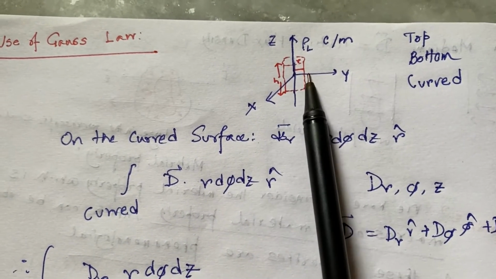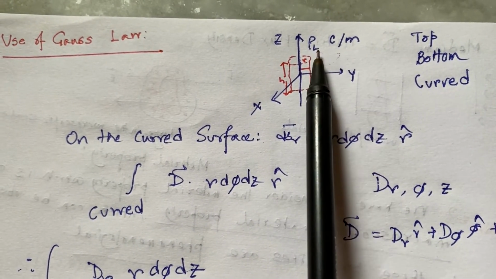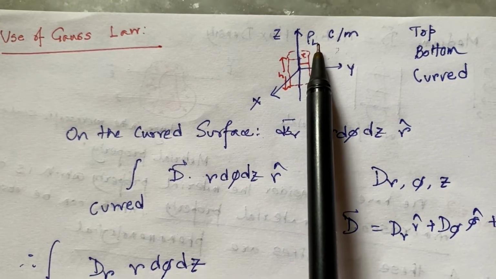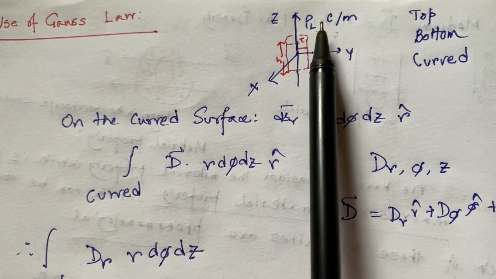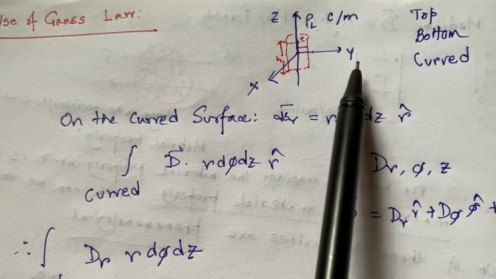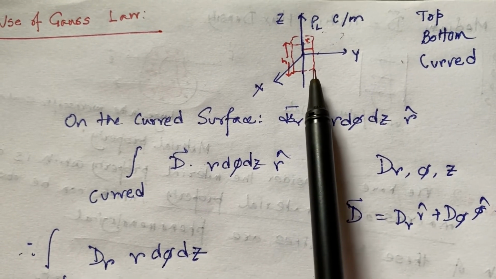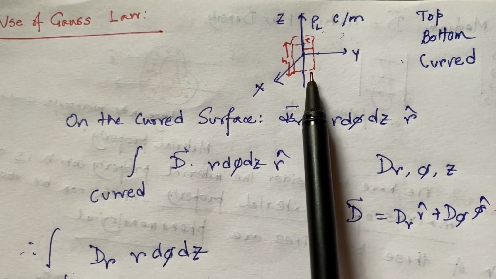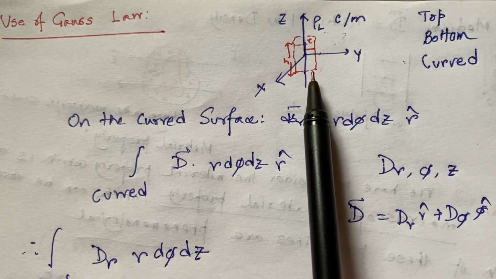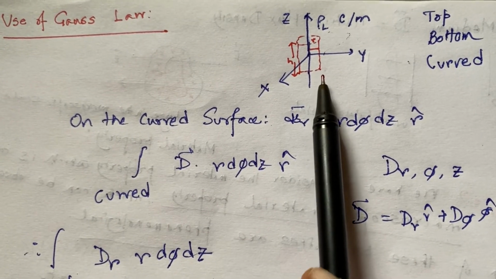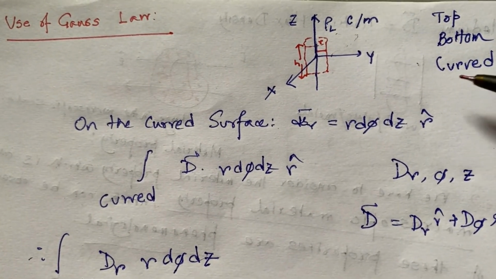So if we have line charge density or linear charge density, which is rho L coulomb per meter, first we need to look for the closed Gaussian surface, and then we will find the integration.